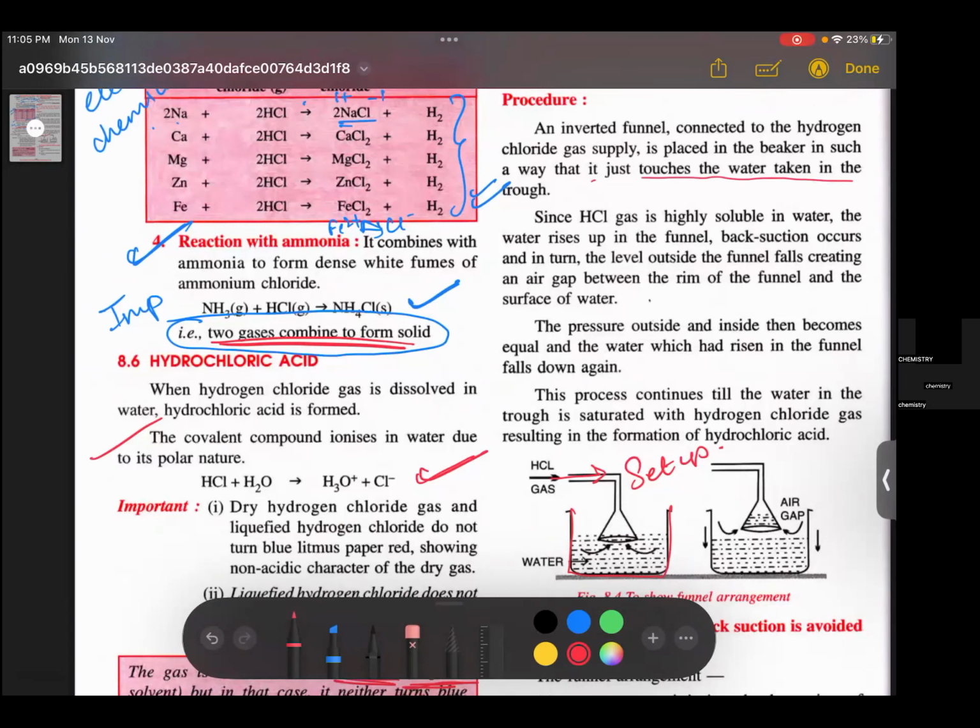So only if this touches the water will the hydrogen chloride directly enter. Else it will escape out. See, in this case, there's an escape. So this is a wrong diagram. And this is what we have to follow.